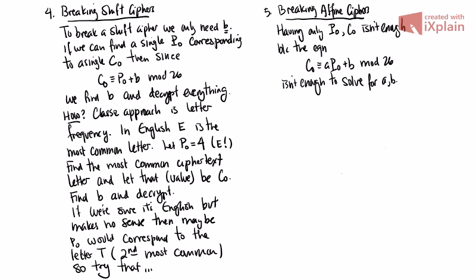But what if you had two pairs? However, we had, let's say, P1 and C1 as well. Right, so then we have the following. Then you have a system of equations.